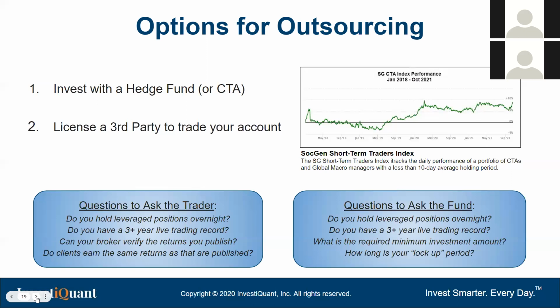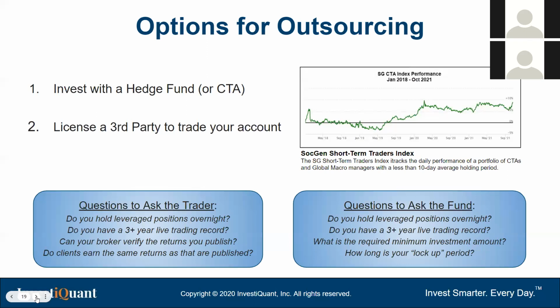You can ask about track records, and specifically, can they verify them? The CTAs and hedge funds will have an easier time verifying them because they're registered. But if you go to a third party, they're not registered entities.